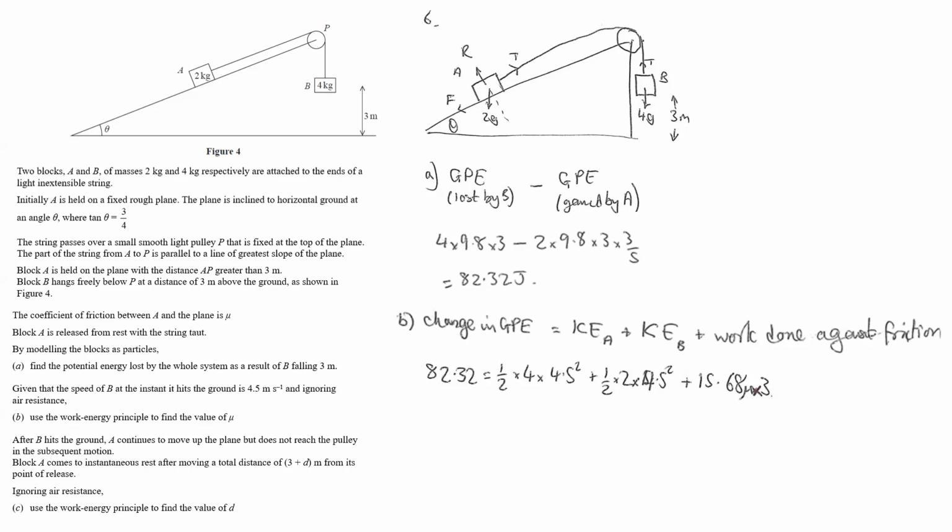The cos of theta is going to be 4/5, so it's 2 times 9.8 times 4/5 times the distance it's moved. So when you rearrange and simplify that, you get mu is equal to 0.46.